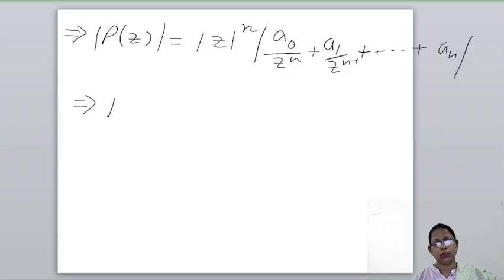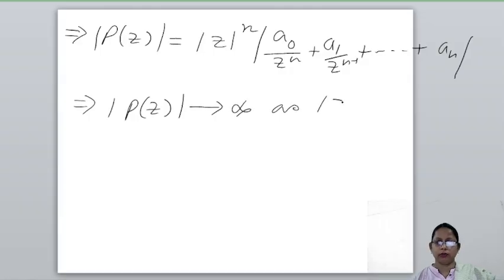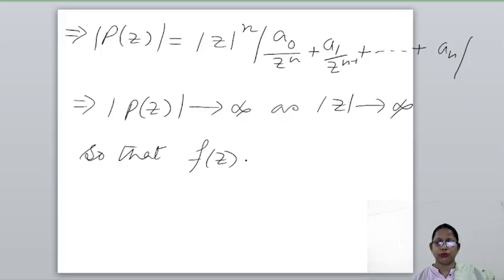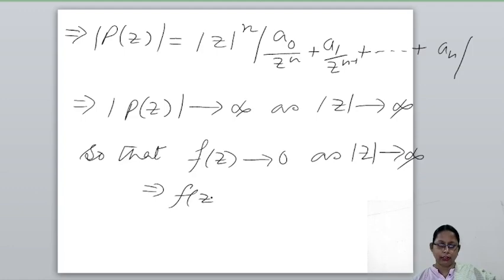This implies modulus p(z) tends to infinity as mod z tends to infinity, so that f(z) tends to 0 as z tends to infinity. That means f(z) is bounded.